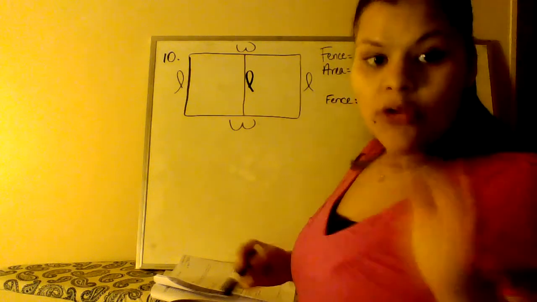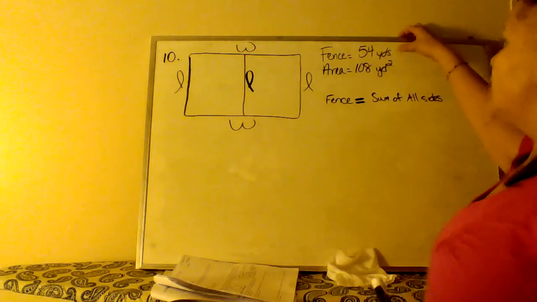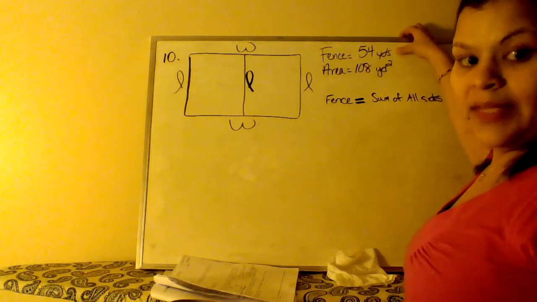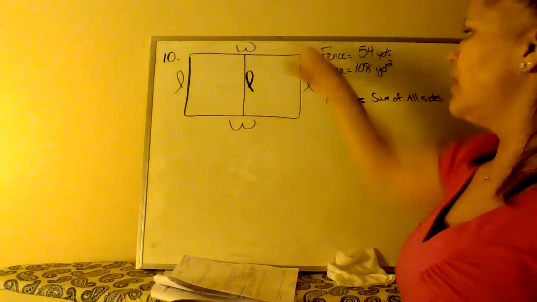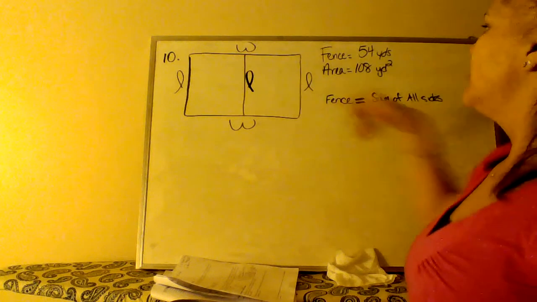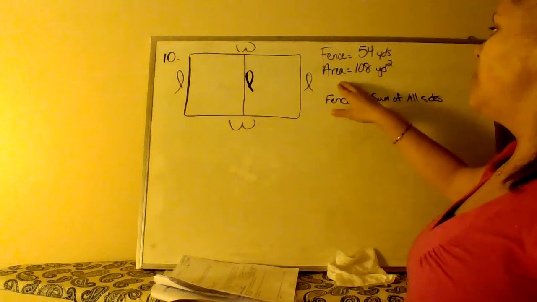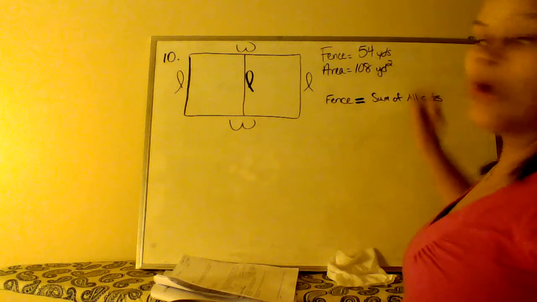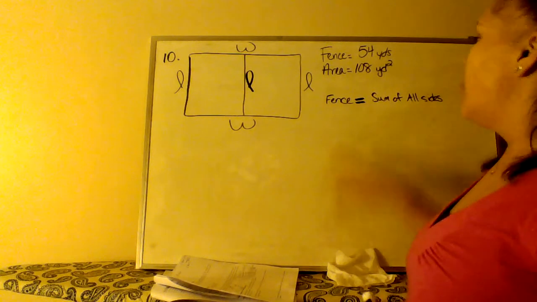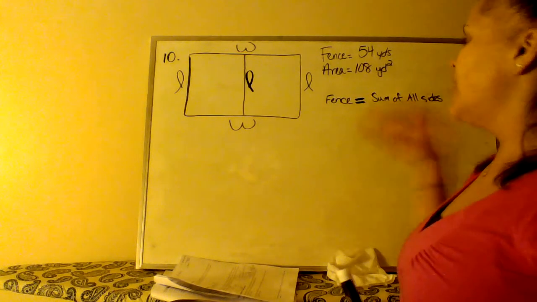Now, you were given that the fence is 54 yards. That's a form of perimeter. The whole distance around the fence is a total of 54 yards. And then the area of it is 108 yards squared, or square yards. So first we're going to set up the fence equation.